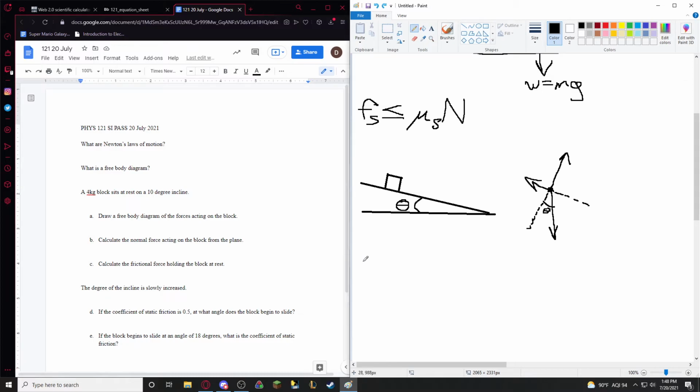So the normal force is equal to the y prime component of the weight, which is mg times, sine is opposite, cosine is adjacent, so this would be mg cosine theta.